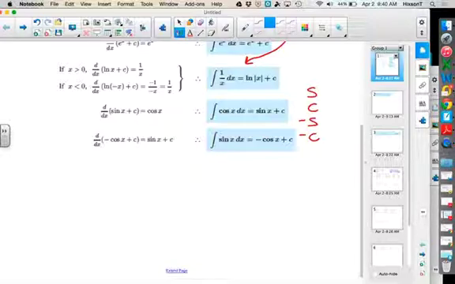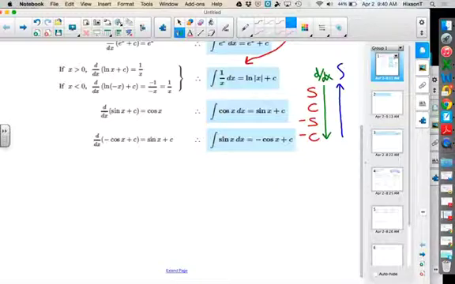The derivative of negative sine is negative cosine. The derivative of negative cosine is positive sine. So if you go this way when differentiating, you can go the opposite way when finding the integral. The integral of cosine is sine. The integral of sine is negative cosine. So it's a nice little trick.